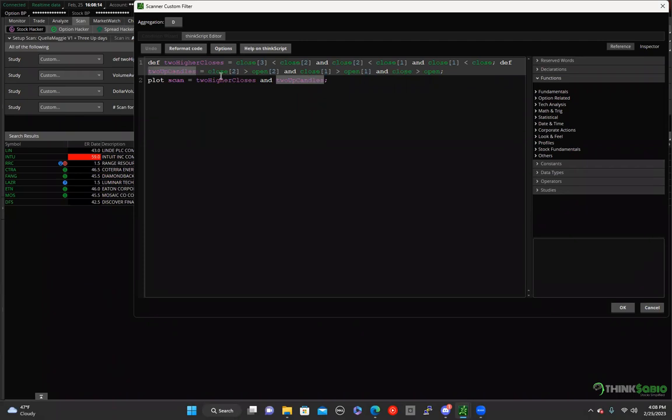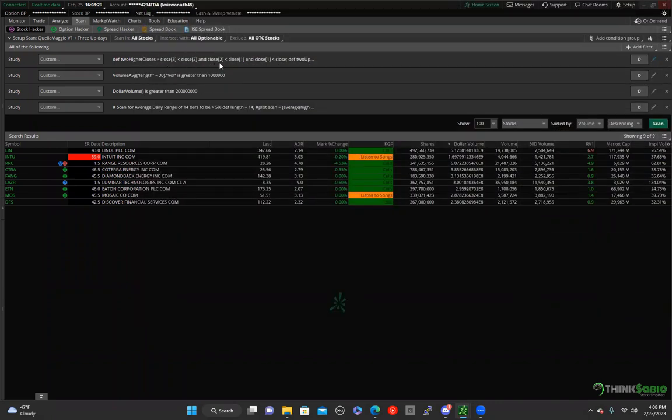It also looks for two up candles for the closes. So basically, this particular condition will search for stocks that have closed in green for 3 successive days.